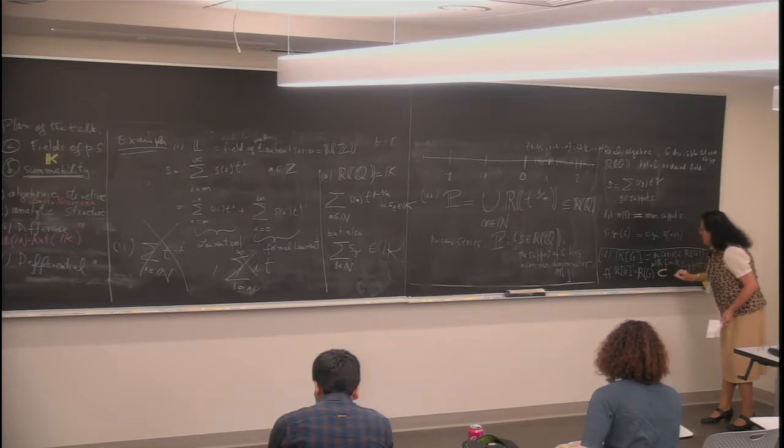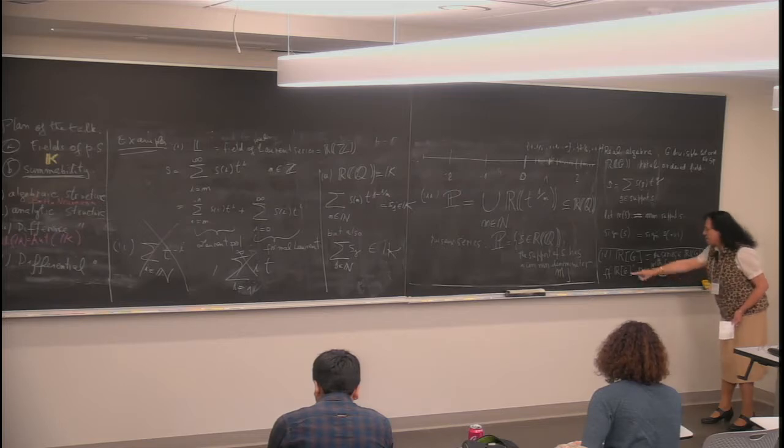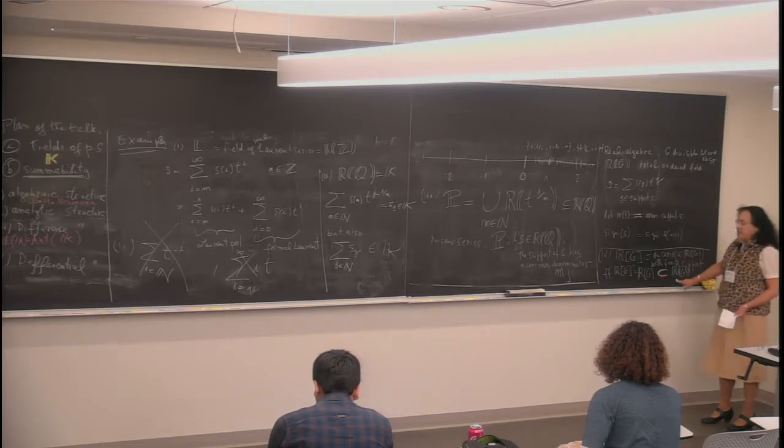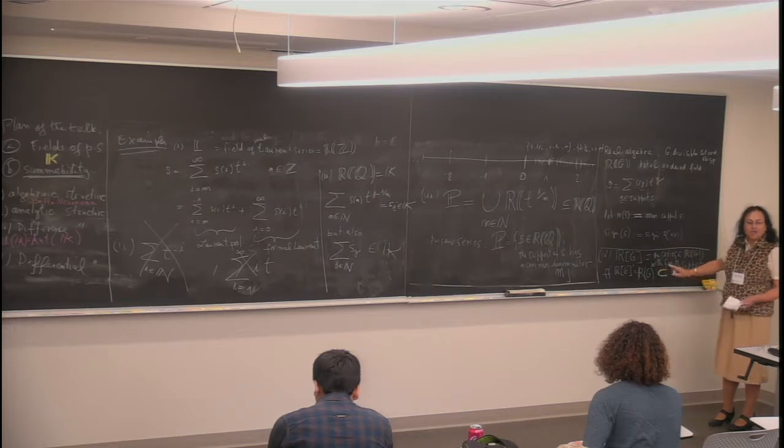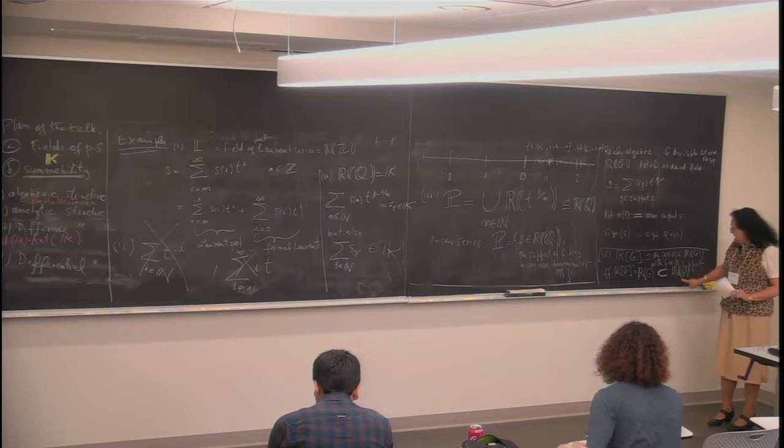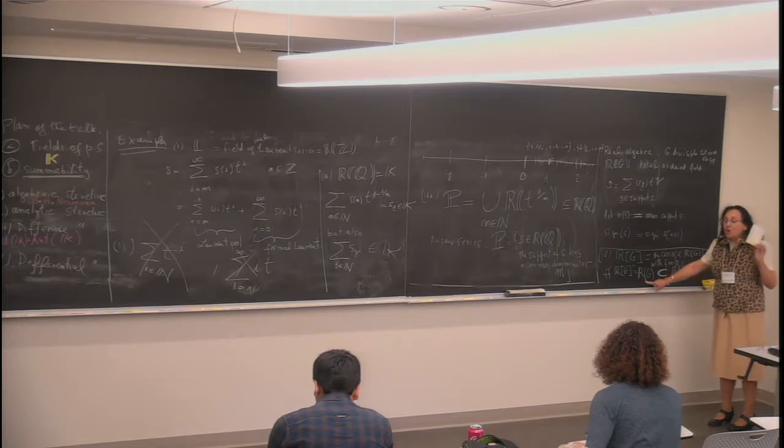Every power series can be pseudo-approximated, because there is a pseudometric, the valuation is an ultrametric, right? It's not a metric, it's an ultrametric. Every power series can be approximated in the valuation by a series of rational series. Okay, this brings me into valuation theory too much, so I don't want to say much more about this.